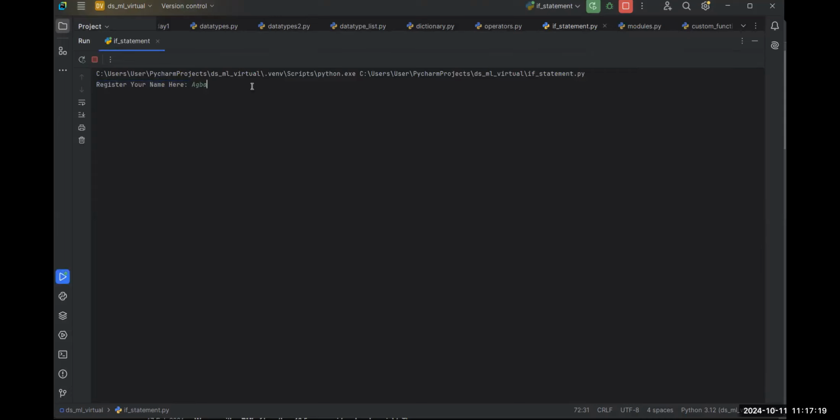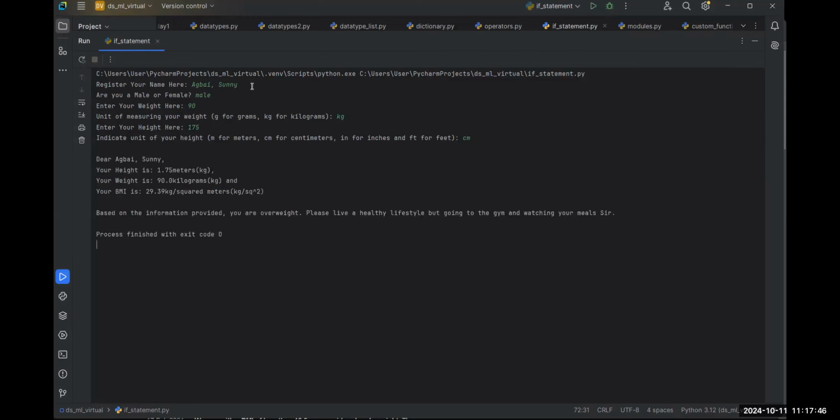Okay, so we have here Agbai Sonny, and he's a male, right? We said the weight is 90 in kg, and the height is 175 in cm.